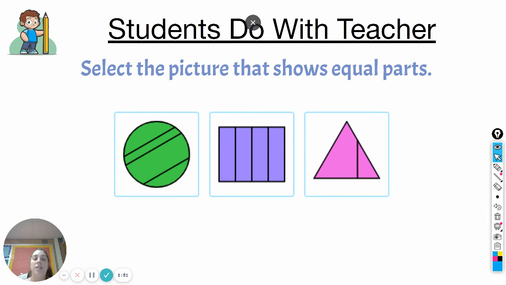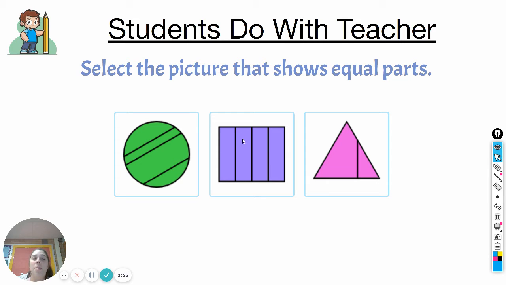Okay, let's take a look at one together. Here we have a green circle that's broken into 1, 2, 3, 4 different parts. We can see that some of the parts are smaller than other parts. Next, we have this purplish rectangle, and it's broken into 1, 2, 3, 4 parts.